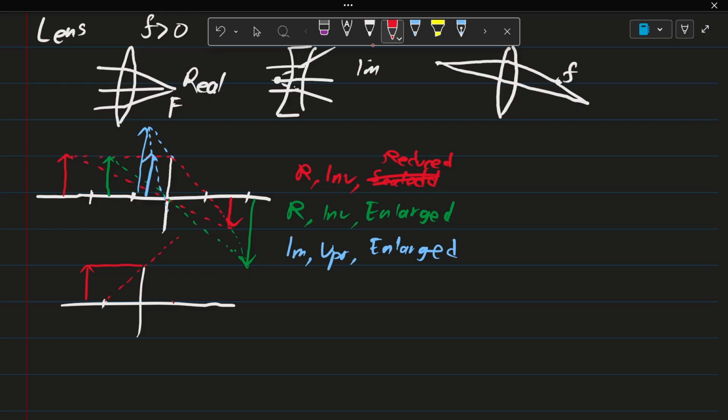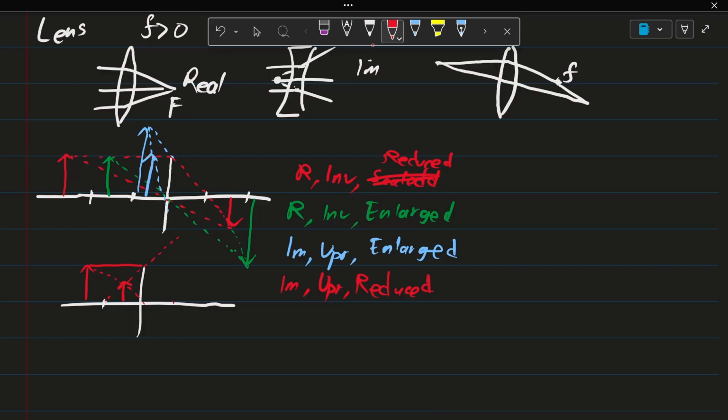But you could also take your ray and pass it through the center of your lens. You have the image as another imaginary one here. It's imaginary, it's upright, but it is also reduced. So it's actually the exact same thing as for mirrors, but the position is a little bit swapped.